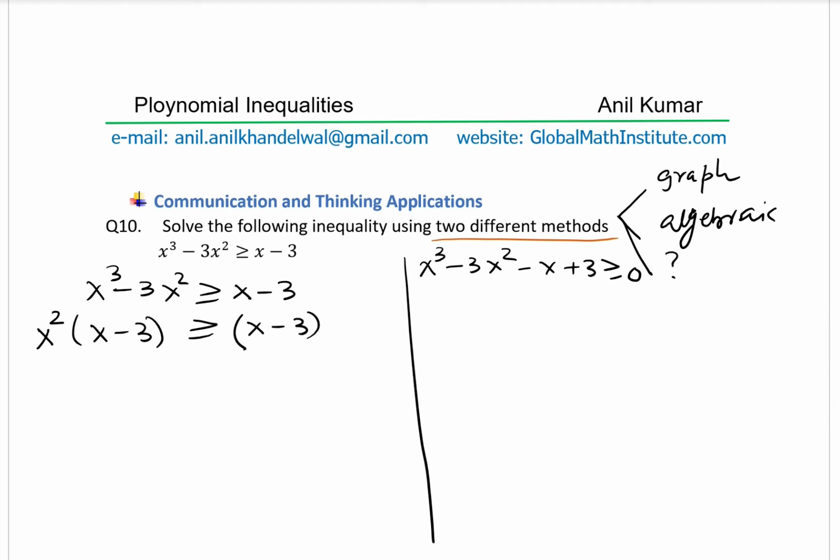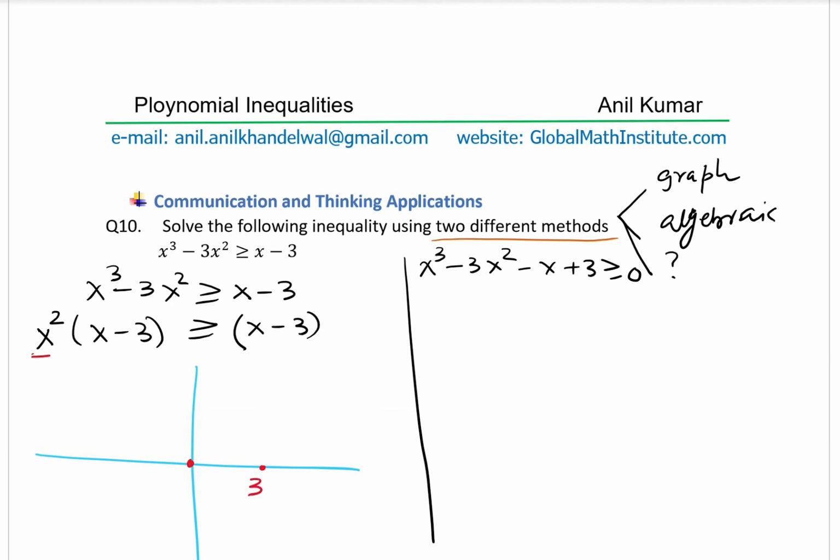Now, let's sketch the graph and then find the solution. X minus 3 is a straight line, and x squared times x minus 3 is the cubic function. So for a cubic function, we have a 0 here. This is for x, and then for 3, we'll have another 0 at 3.